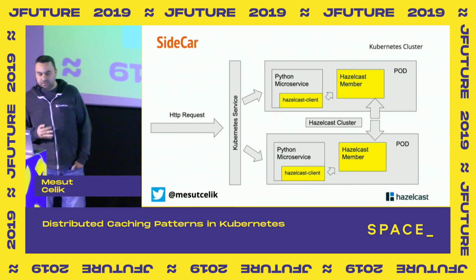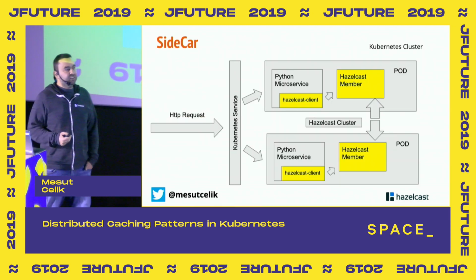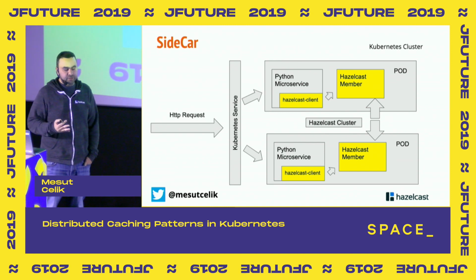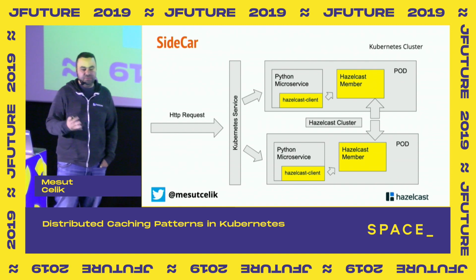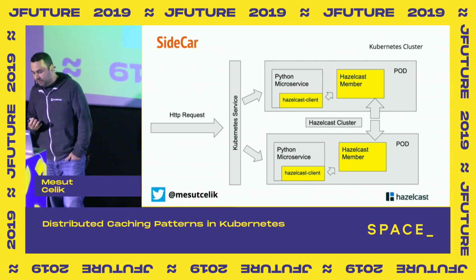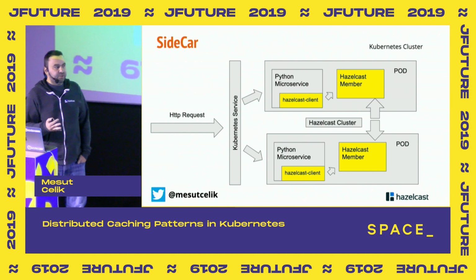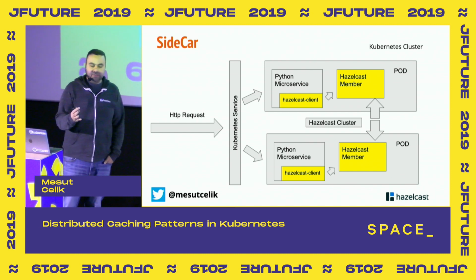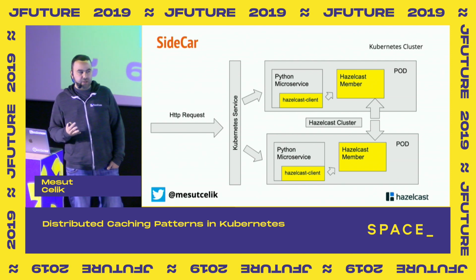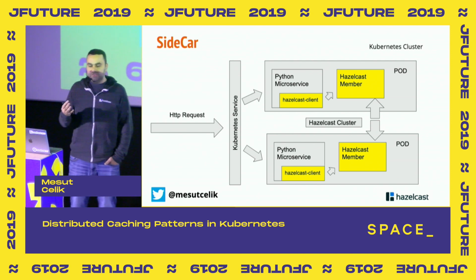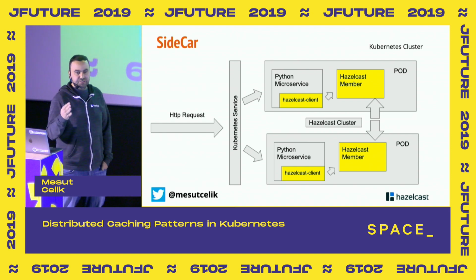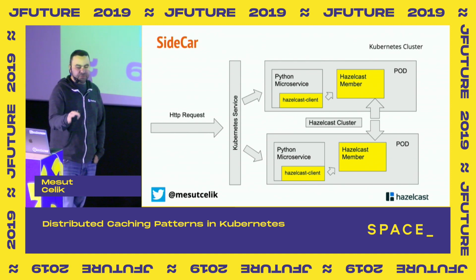So the other caching pattern that we see, the Kubernetes sidecar pattern, is, as I said, very trendy nowadays. The sidecar pattern is very similar to embedded, but you can use multiple programming languages here. That's one advantage. And the other advantage is you can specify CPU and memory limits based on your requirements on different containers.